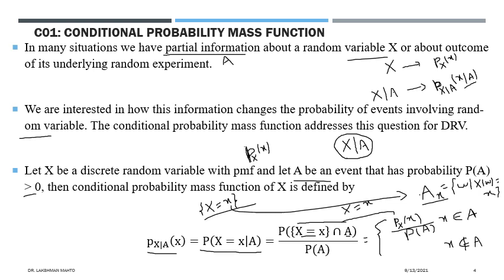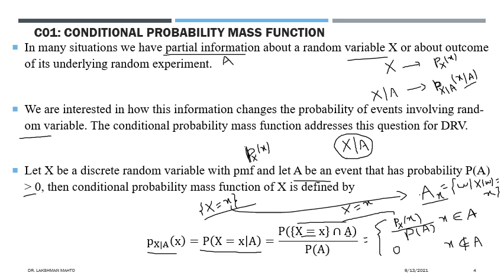Now we go for the second scenario, when x is not in A. In that case there is nothing in common between this event and this event, that means the intersection is the empty set. So what is the probability of that? In that case 0. So 0 divided by the probability of A is always 0, because the probability of A we have taken to be a positive number. So when x is not within A, the conditional probability mass function will take 0.